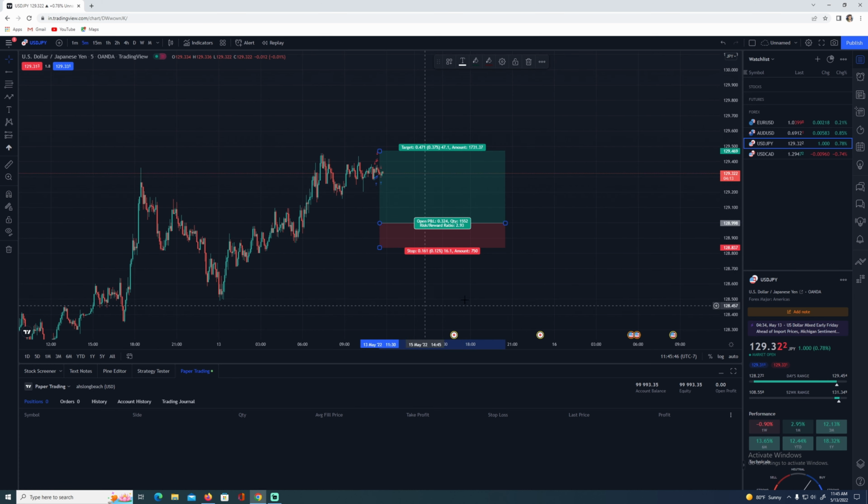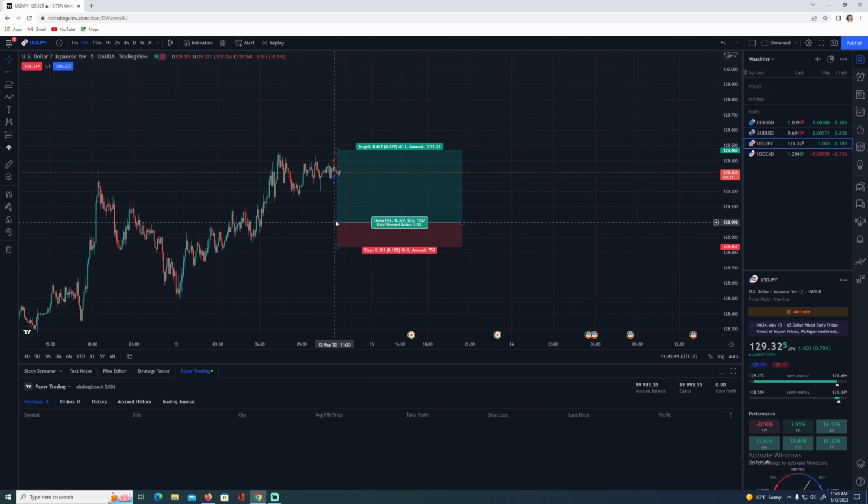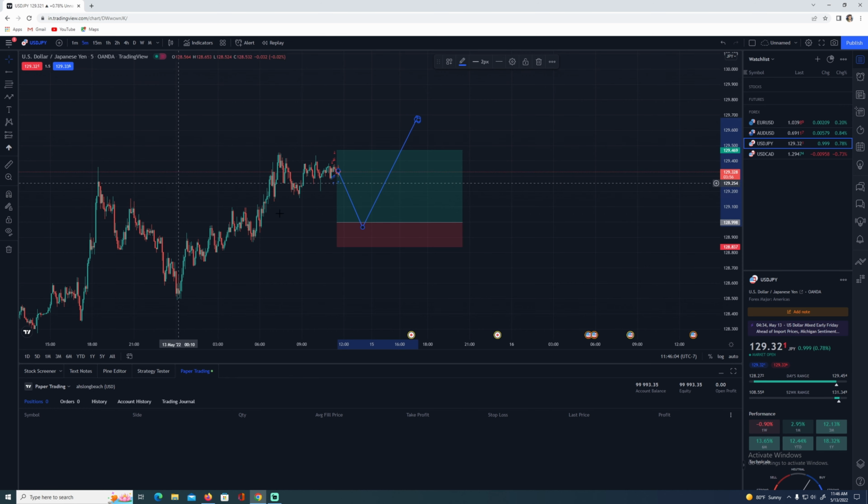So I'm just gonna place this order here, wait for price to come down, tap me in, and then continue higher, right? That is my idea. That is the idea of buy limit, sell limit.